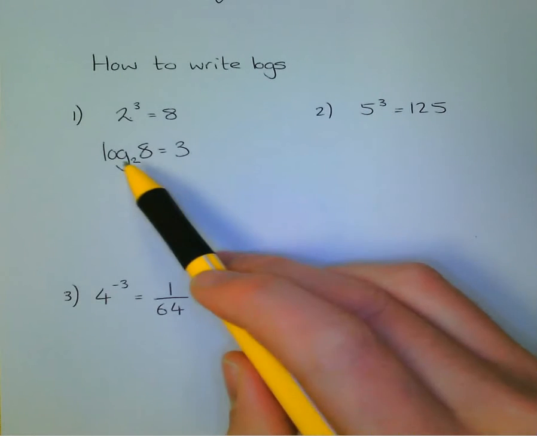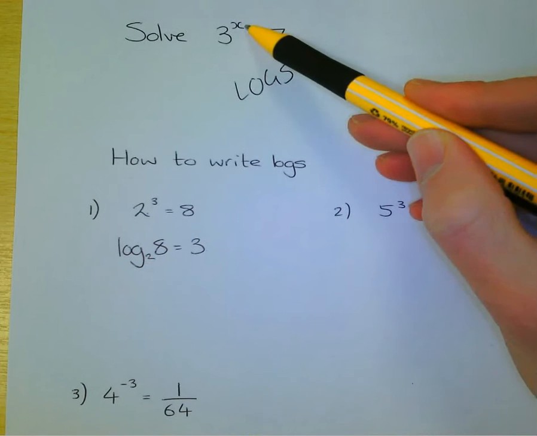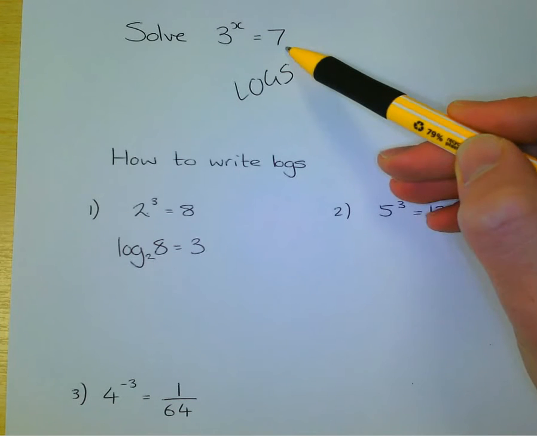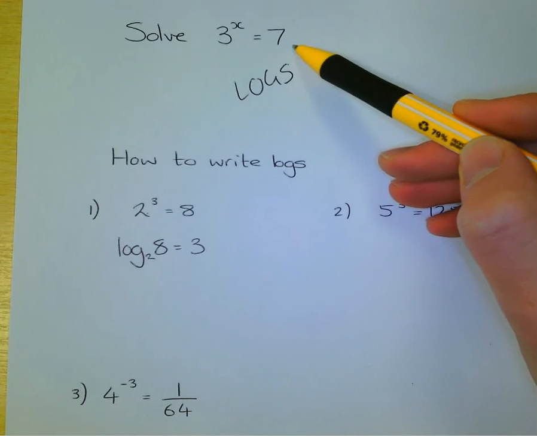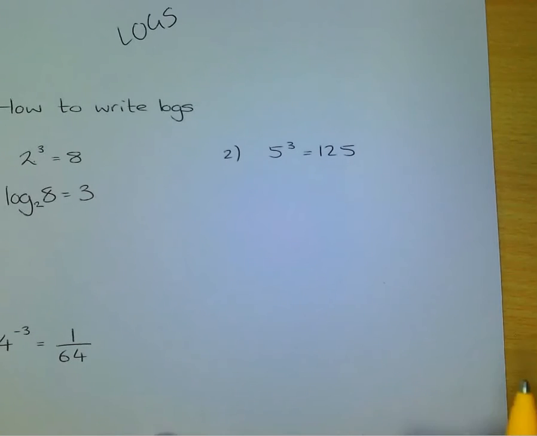Now, we use logs when we have an equation with indices that we can't change to the same base value, or it's not obvious to us what the answer is. That's why we use logs. So let's have a look at this one.